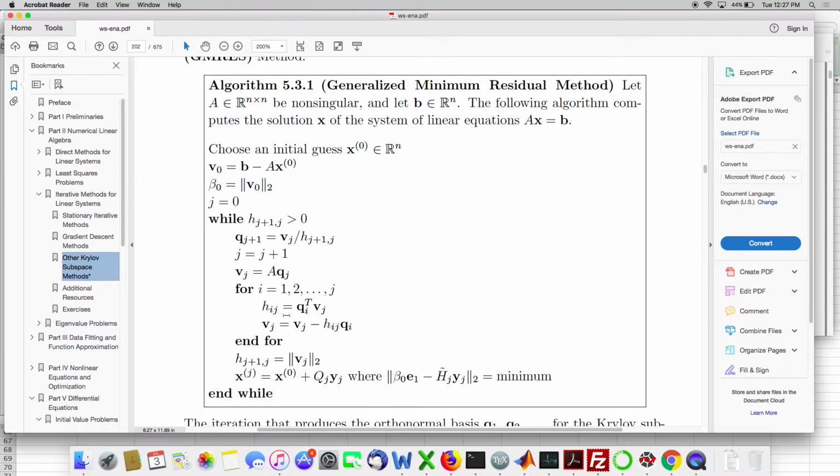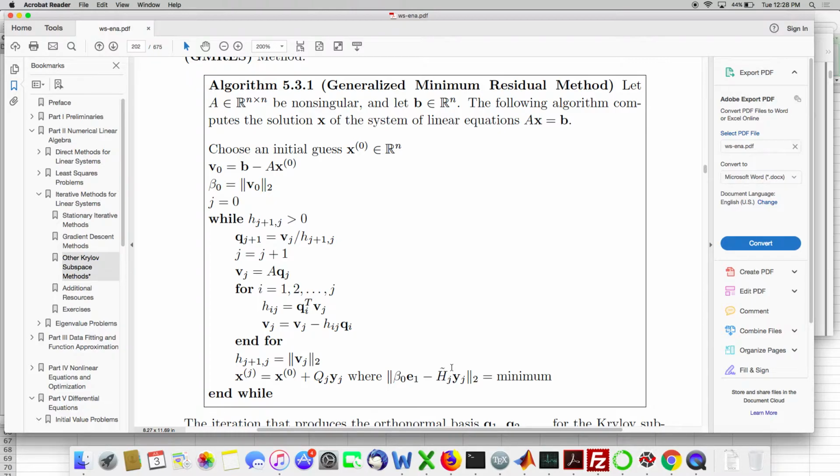Because orthogonal polynomials for a positive increasing measure satisfy a 3-term recurrence relation, for i less than j minus 1 these coefficients, the h_ij's, all end up being 0. And this matrix built from all these h's, the H_j tilde, is normally a Hessenberg matrix for general matrix A, but when A is symmetric, it is a tridiagonal matrix.